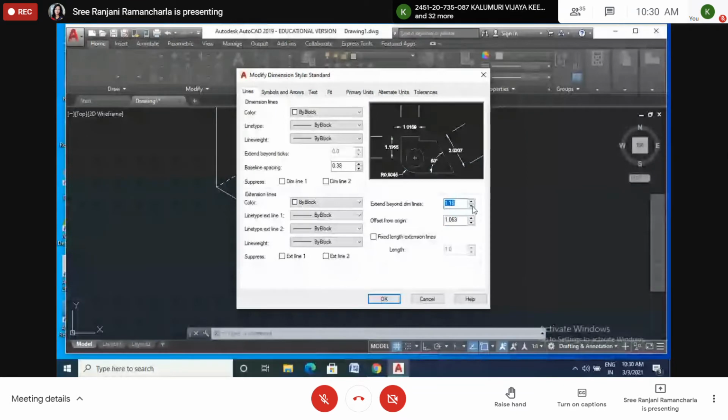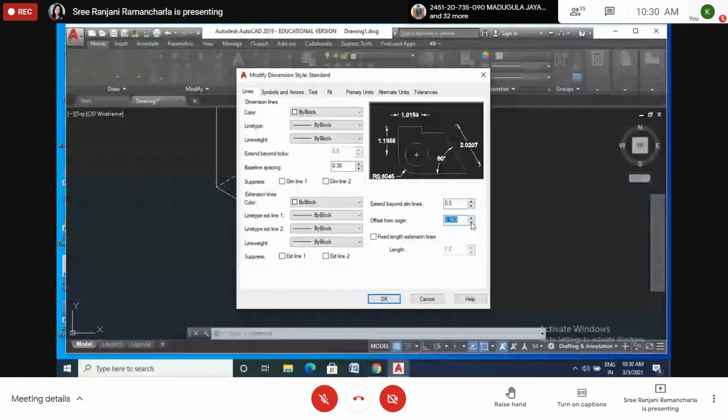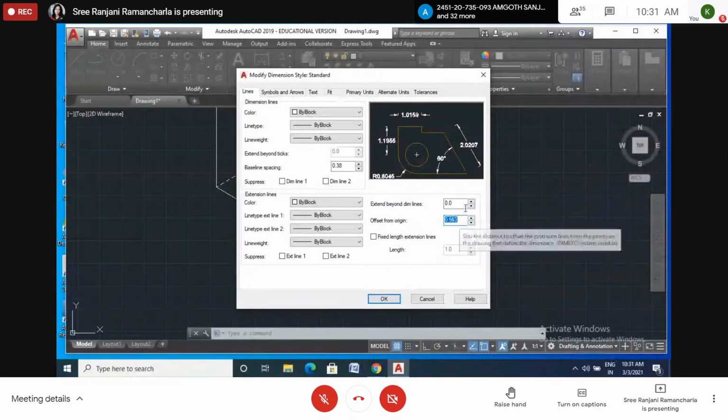Now it's clear. Now again we check this one also. Now please let me change this one also. Offset. Why is it changing like this? Because after the decimal there are 3 digits.